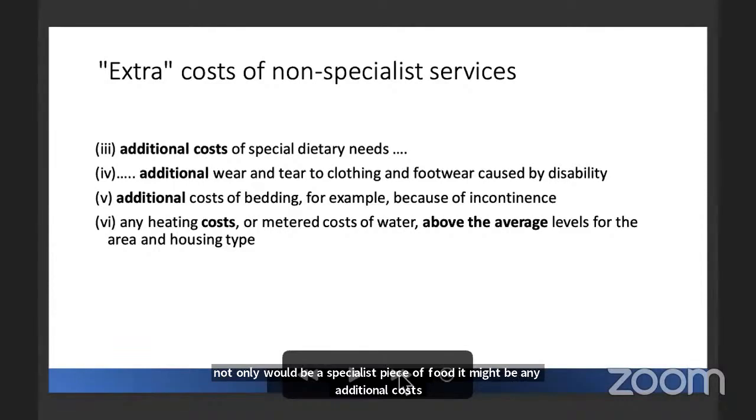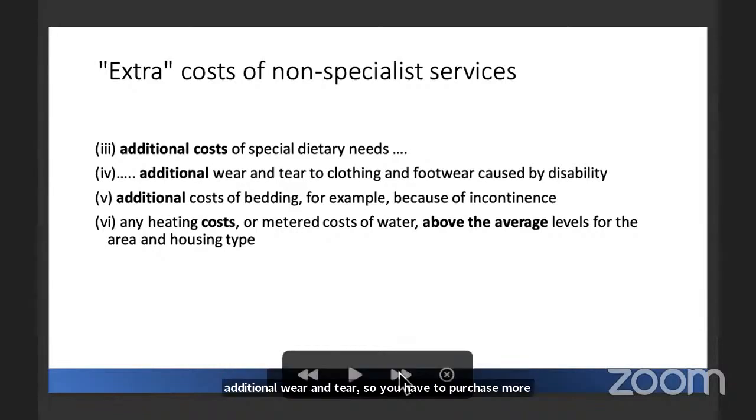Again, that second part of the one I mentioned earlier is additional wear and tear of clothing and footwear caused by disability. So it's not necessarily that you have to buy a specialist piece of clothing or footwear. It's if you have additional wear and tear, so you have to purchase more of whatever piece of clothing than another person. That's also counted as a disability-related expense.